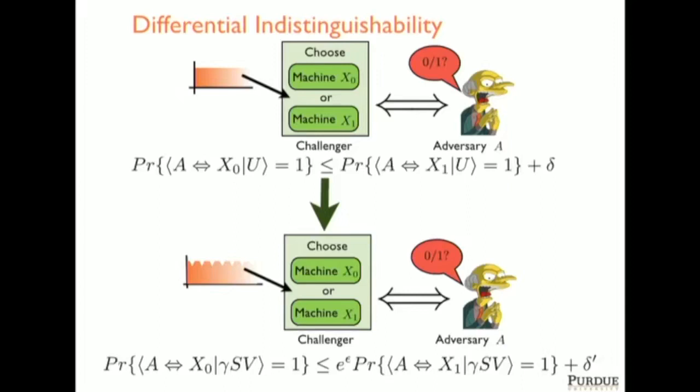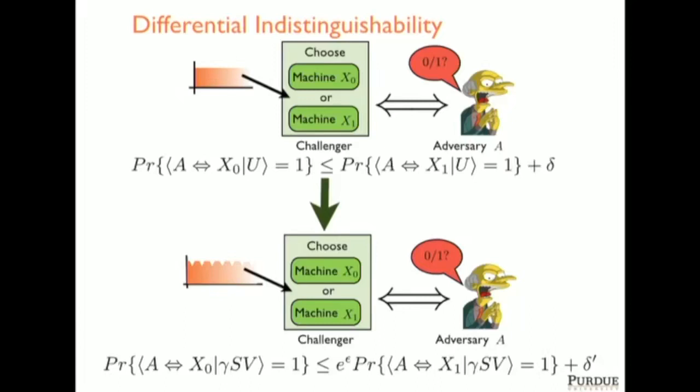Now what I'm doing below, in the second part, is basically replacing this uniform source by a non-uniform source, such as a Santha-Vazirani source. In that case, instead of saying that there is no privacy, we give a bound on the privacy where these two probabilities are not only related by this delta factor, but they are also related by a multiplicative term which we represent in an exponential form like e to the epsilon.